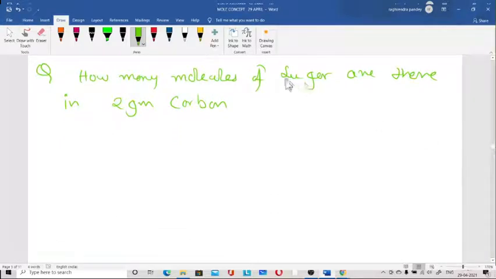How many molecules of sugar are there in 2 gram carbon? Now 1 mole, or you can write N naught, or you can write Na molecules of sugar, has how much weight of carbon? That is your 72 grams.